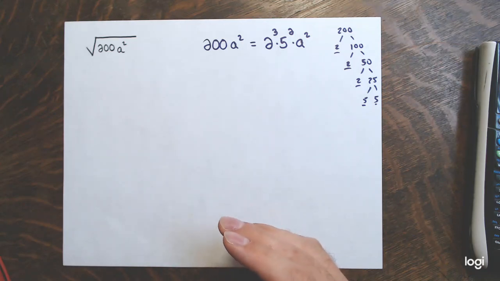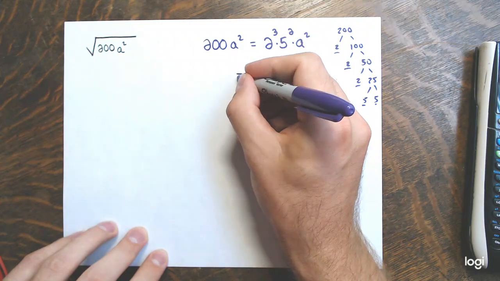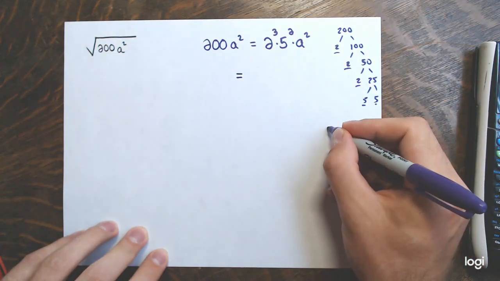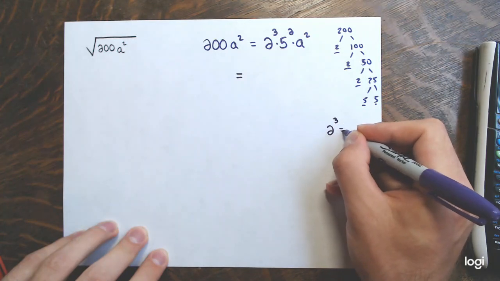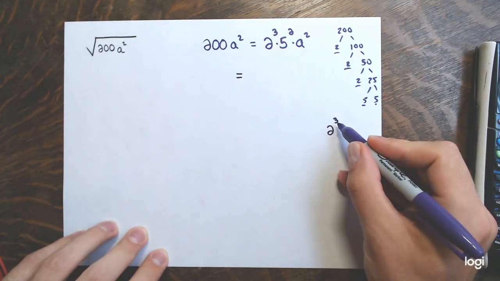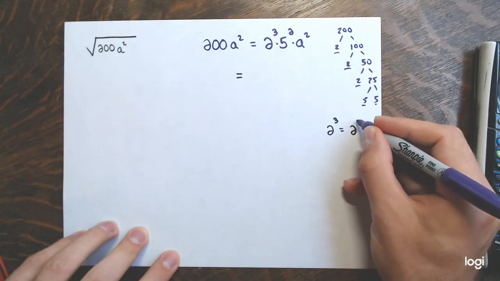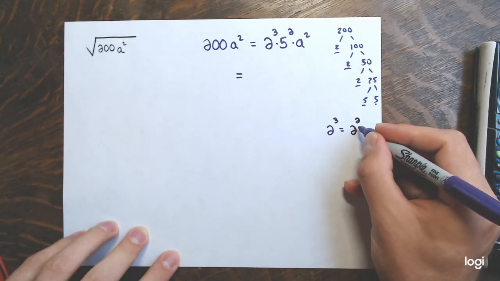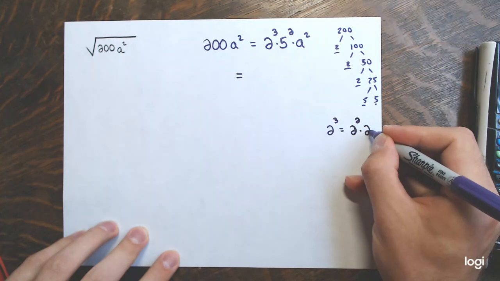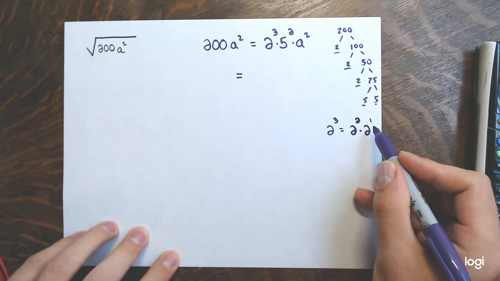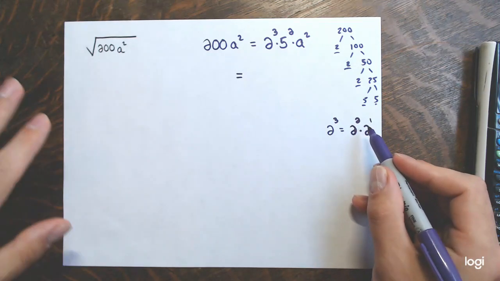All right. So let me show you what I mean. Like 2 cubed, right? 2 to the third power. And just think of what's the largest multiple of 2 that's less than 3, and that would be 2 itself. You can break this up into 2 squared, which is a perfect square, times 2 to the first, which is not. Right?